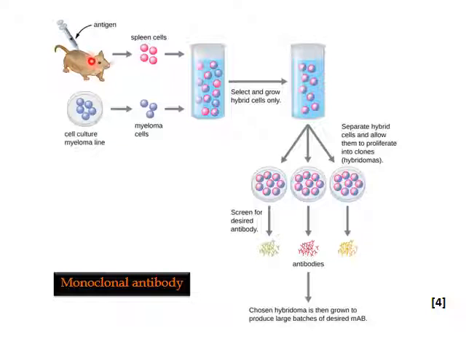Despite their higher specificity, the production of monoclonal antibodies is very expensive as well as time consuming, because it needs the expense of several liters of culture media in order to support the periodic extraction of monoclonal antibodies.